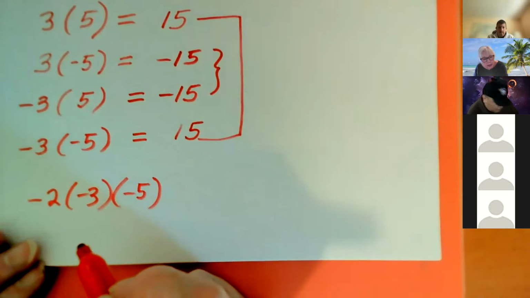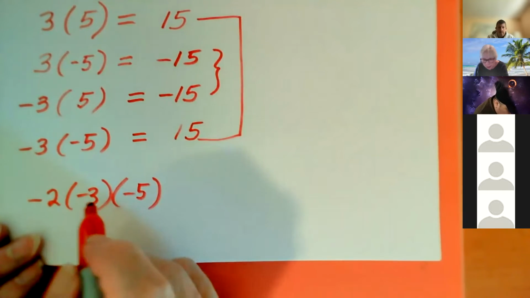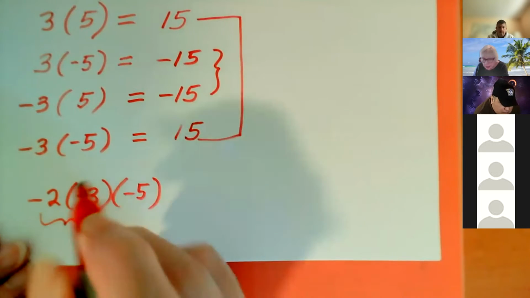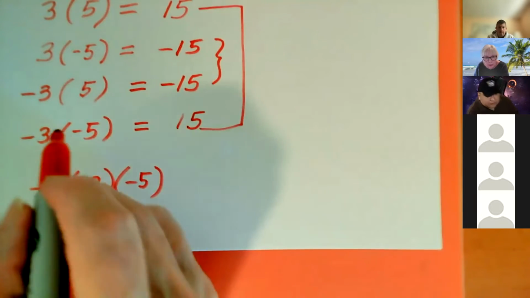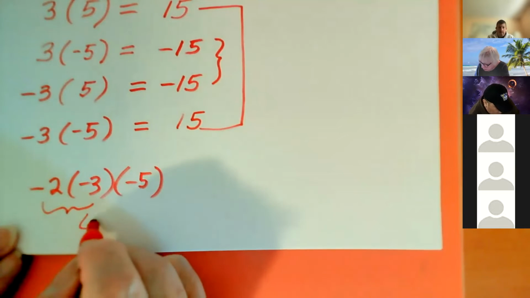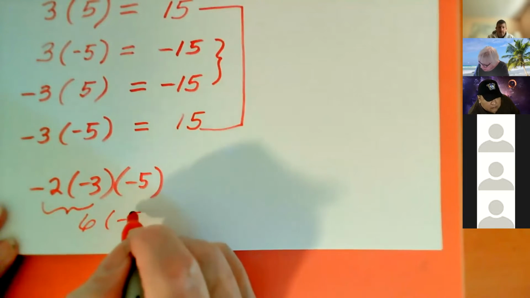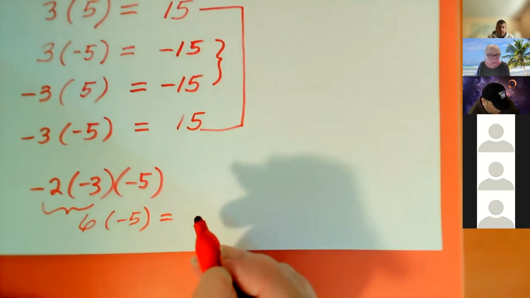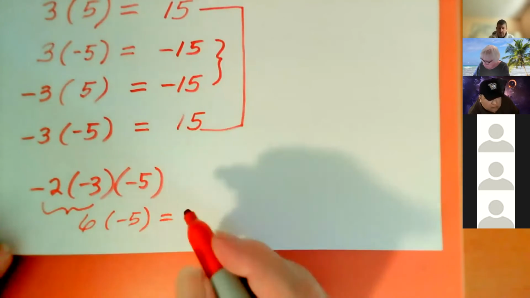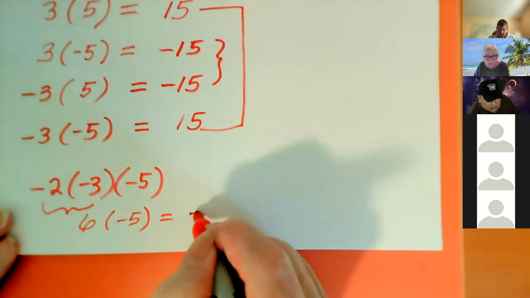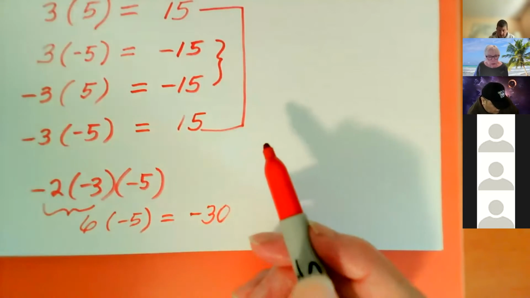And so let's say we actually did this problem out, because you do it 2 at a time. If you multiplied negative 2 times negative 3, we've got the rule down, it's positive 6. Positive 6 times negative 5. It's this rule. What is it? Negative 30. Yeah, it's negative 30.